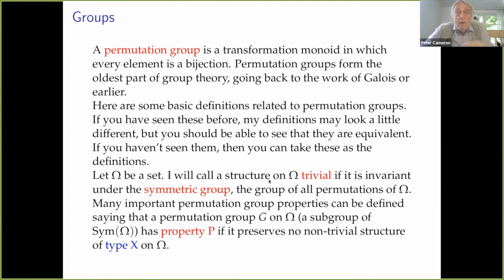So if every permutation leaves this structure invariant. My definitions will be of this form: a permutation group, which is a subgroup of the symmetric group, has a certain property, say P, if it preserves no non-trivial structure of a certain type, X. So that's going to be the format of my definition.